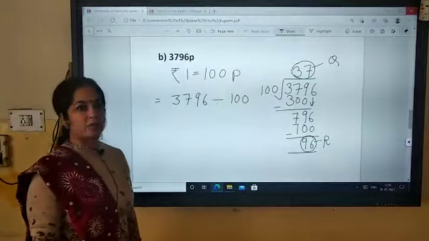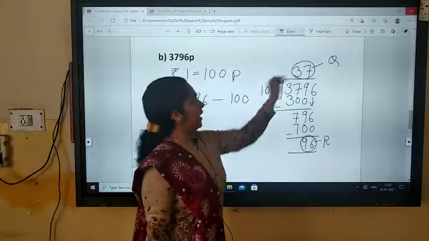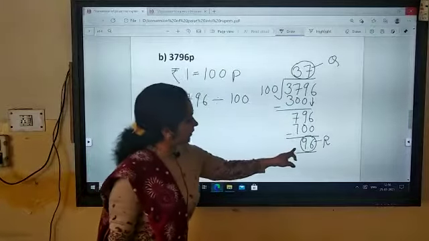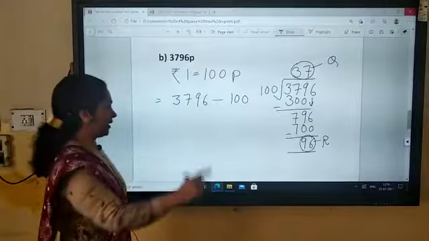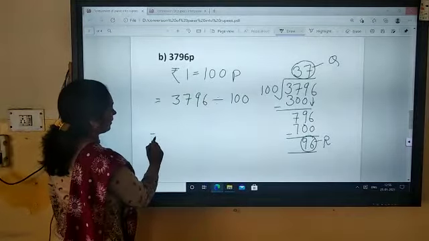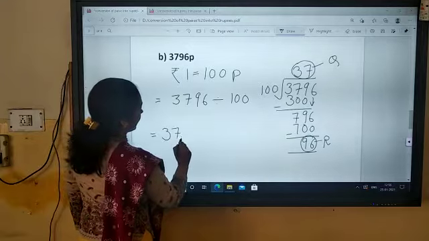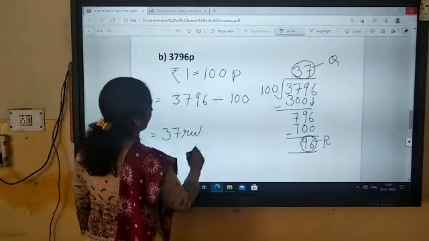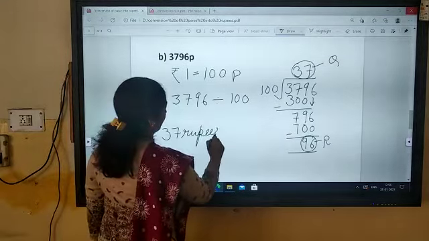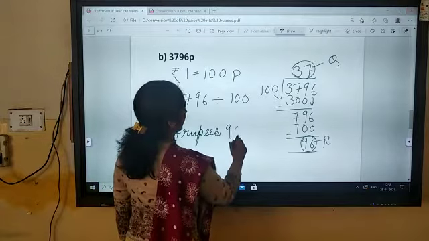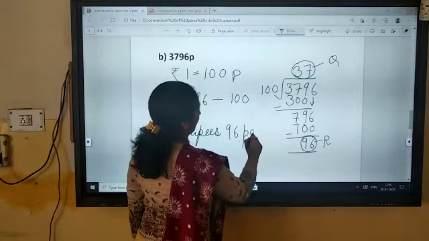As I told you, quotient will be our rupees and remainder will be our paise. So our answer will be 37 rupees 96 paise.